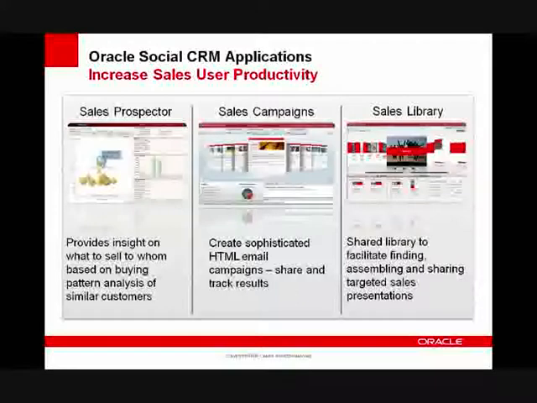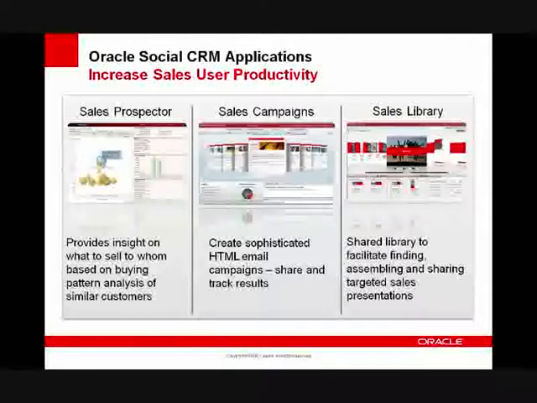And the second is really about getting information in for the salesperson. Many times salespeople find the work quite arduous and it feels a bit overbearing. So our social CRM tools are really all about sales productivity, actually giving the salesperson something back.